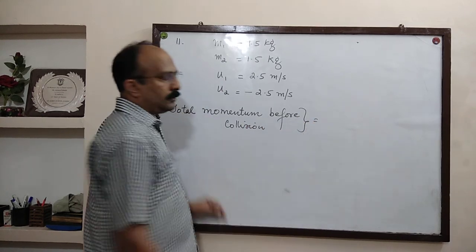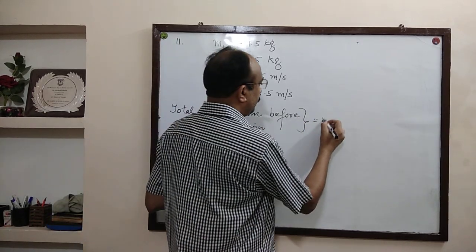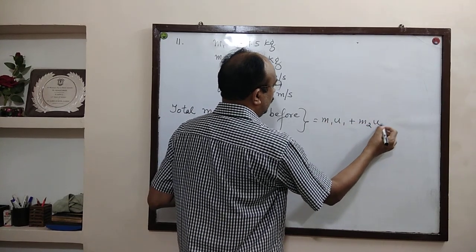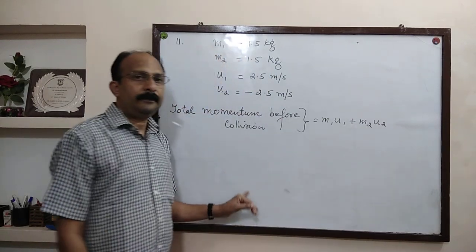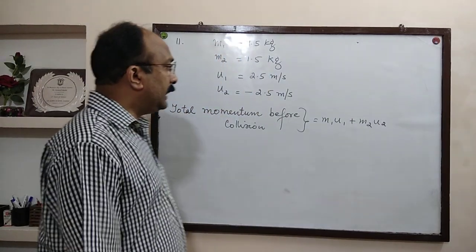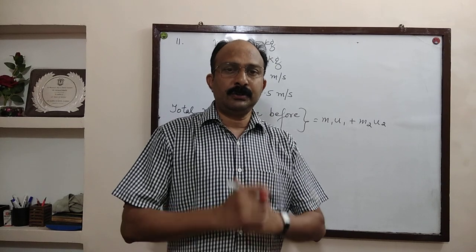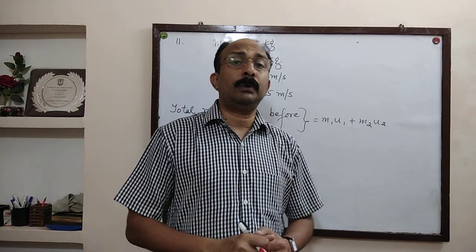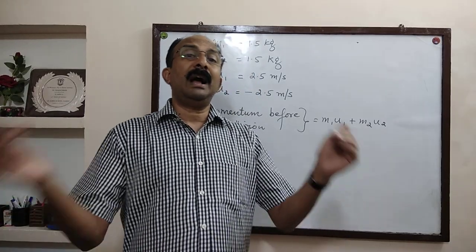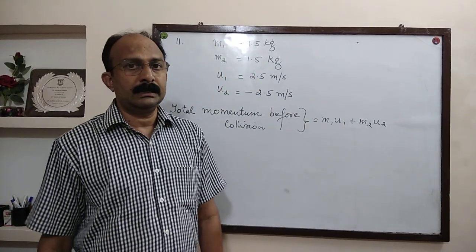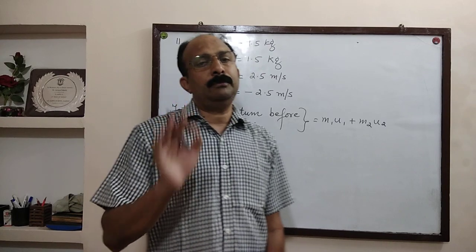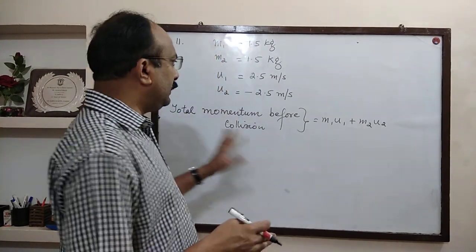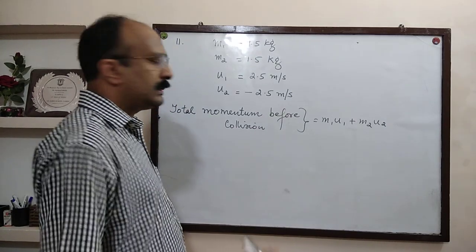Total momentum before collision is given by the formula M1U1 plus M2U2. Okay, and by law of conservation of momentum, this total momentum before collision will be equal to total momentum after collision. That is M1V plus M2V. This time no V1, V2, only V. So no need of writing this.